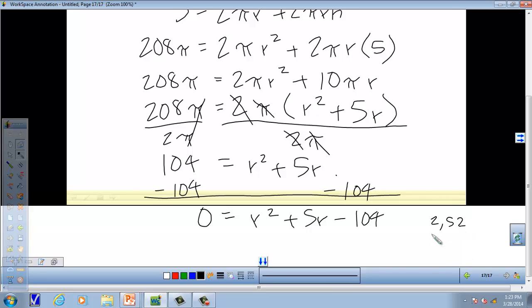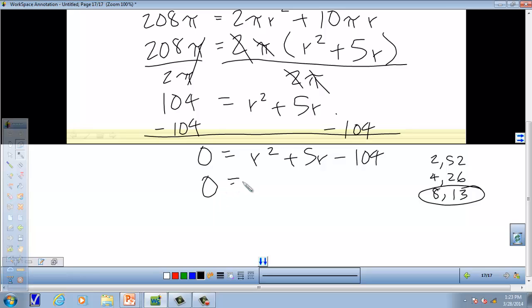And does 4 work? 4 gives me 26. So that means that 8 works, I think. 8 would give me 13. Oh, there's the ones that I want. 8 and 13 will subtract to give me 5.